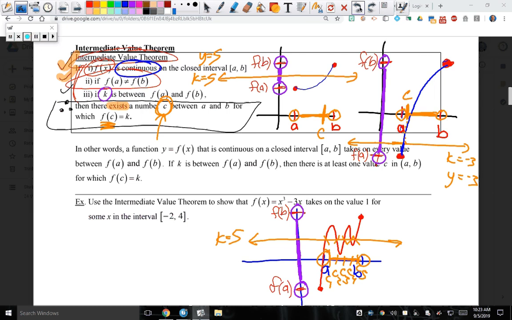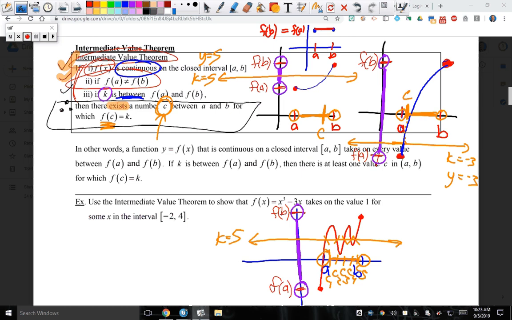Could I fit a k in between f of b and f of a if I had a graph that looked like, from a to b, let's say that was a straight line. Here's a, that's f of a. Here's b, which is still the same value as f of a.